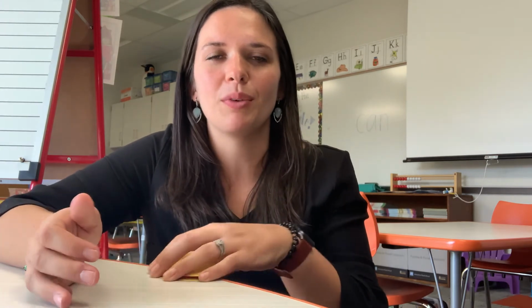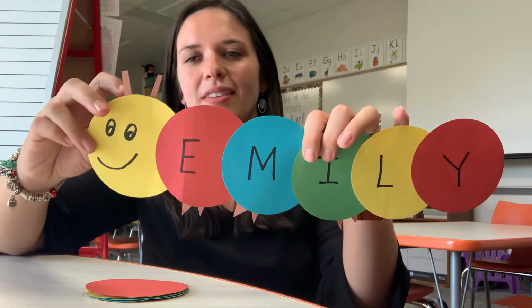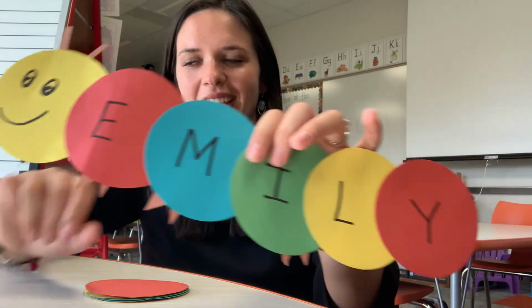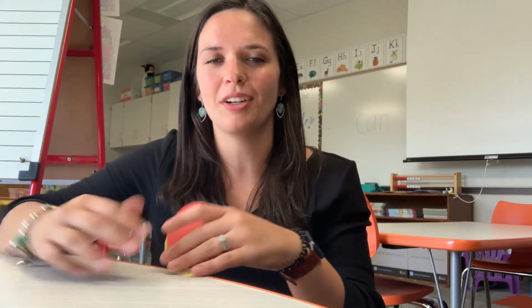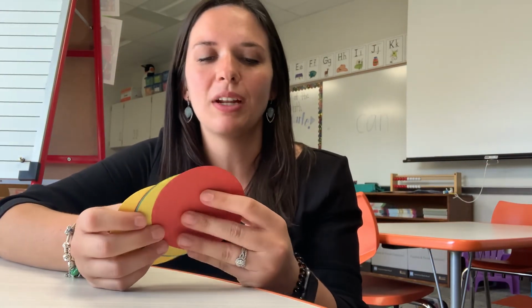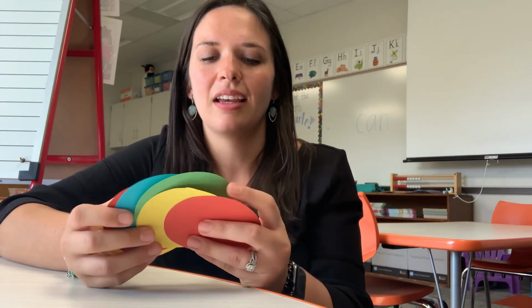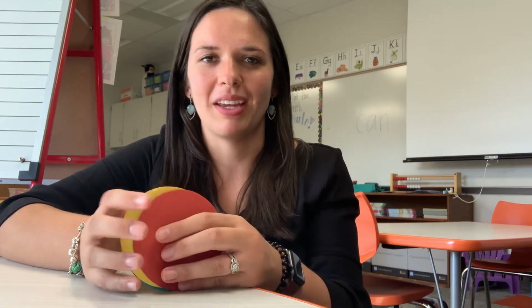And then tomorrow we will start writing our names on these and cutting out some of the legs and the antenna so that we have them ready to put together on Friday, okay? So go ahead and get to work on that. Share with one another what you found and just kind of see what kind of patterns you can make, okay?